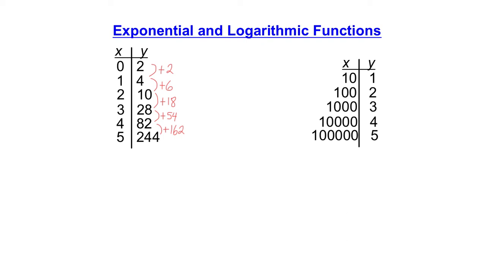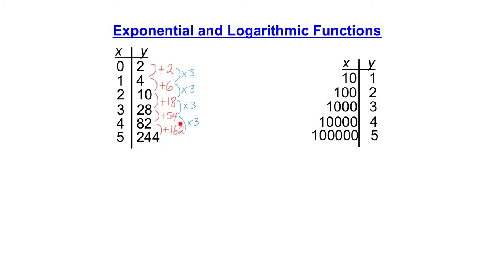So now, if you want to know if it's exponential, you take your first differences, and now we find the ratio between our first differences. So this is what I mean. 2 times 3 gets me 6. 6 times 3 gets me 18. 18 times 3 gets me 54. 54 times 3 gets me 162.